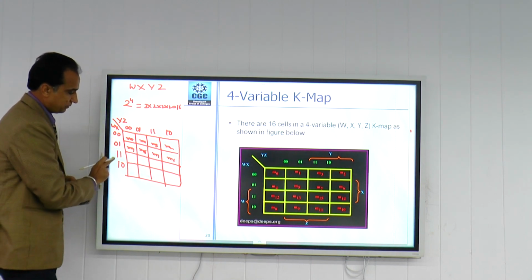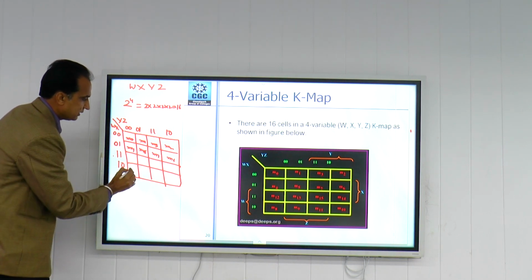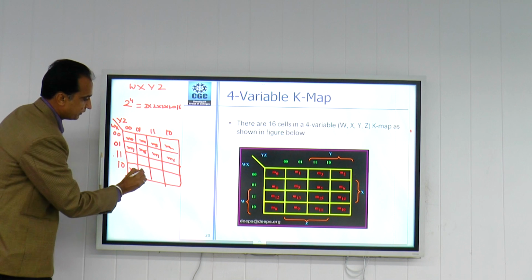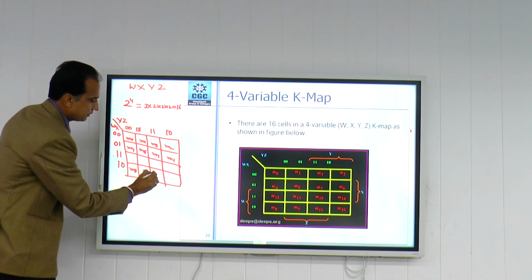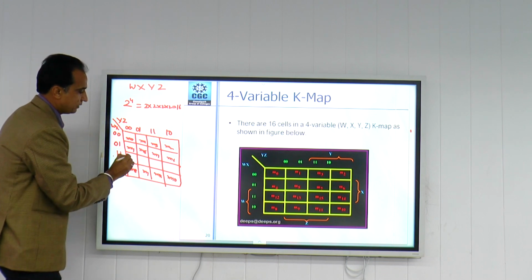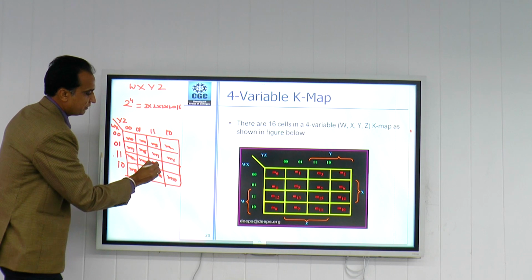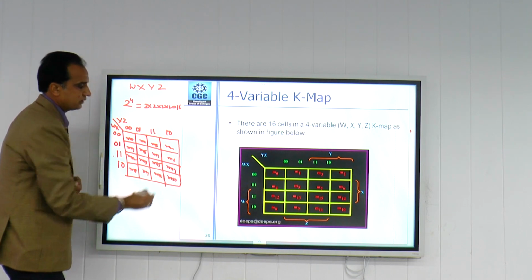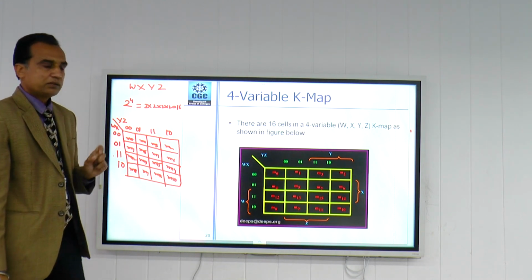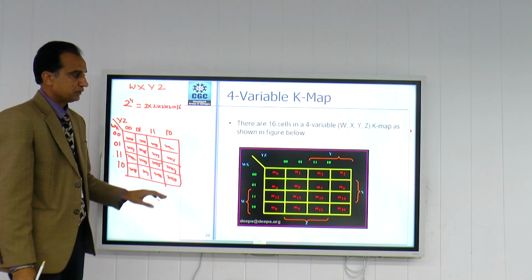Then, because these two values are interchanged, so next one is M8, M9, M11, and M10, M12, M13, M15, and M14. This is how we are going to fill the K map with the help of four variables.